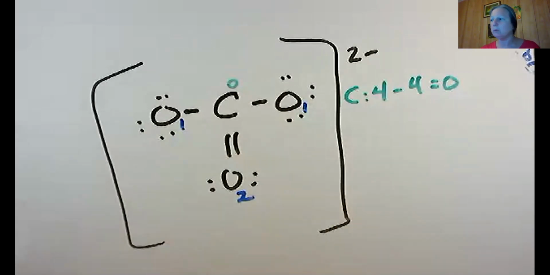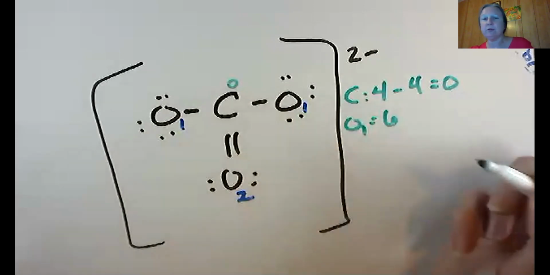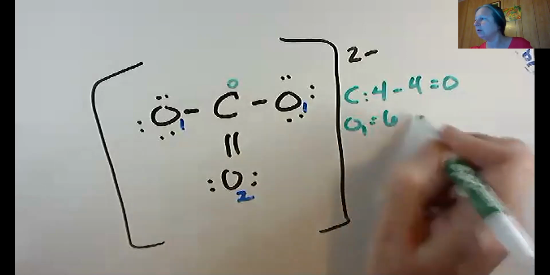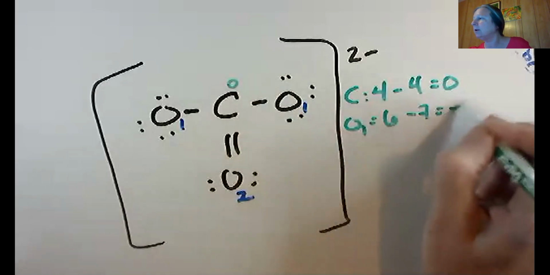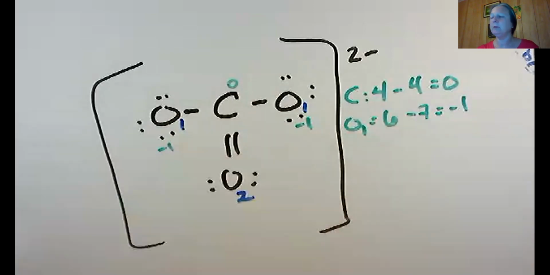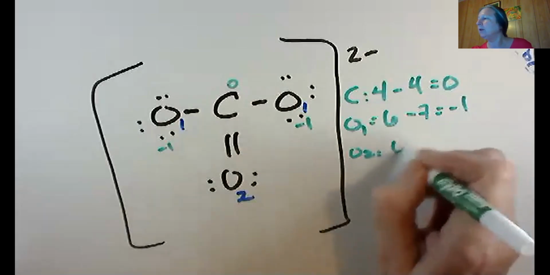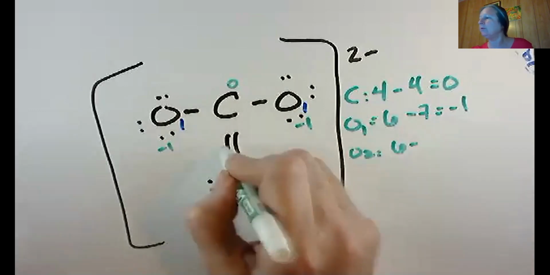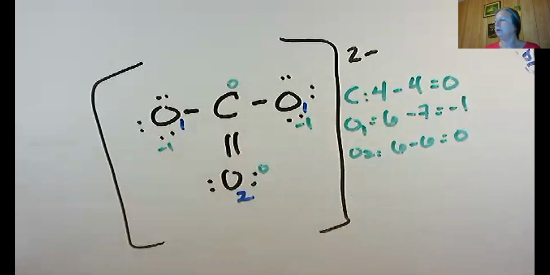My blue is just my numbering, to keep track of it. So O1, valence number for oxygen is 6 minus 1, 2, 3, 4, 5, 6, 7. So it has a formal charge of -1. This is identical, so it also has a -1. Oxygen 2, this one down here, valence number 6 minus 1, 2, 3, 4, 5, 6, so 0. So these are my numbers.